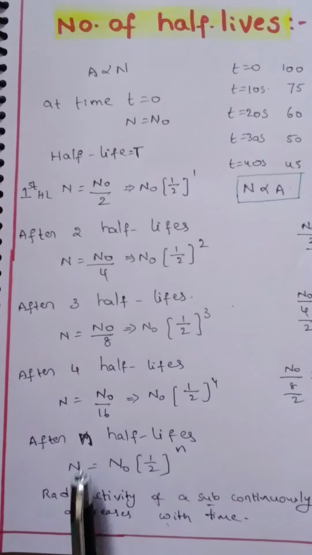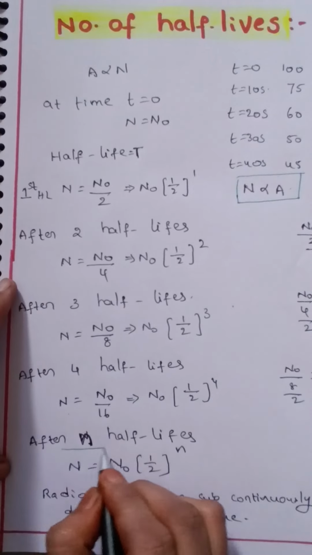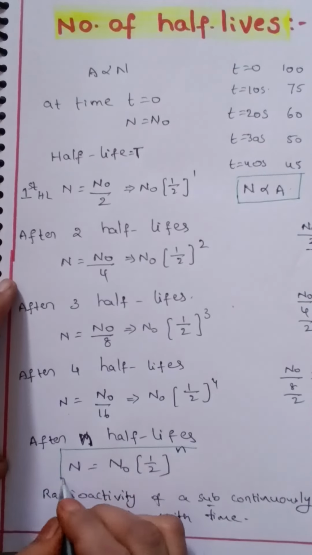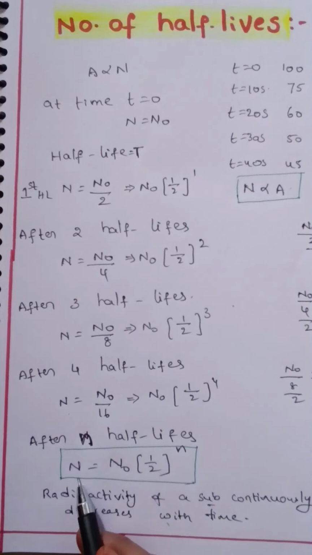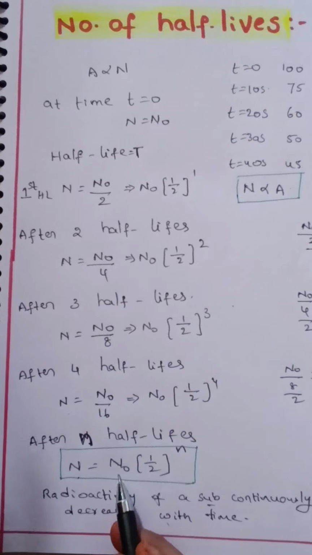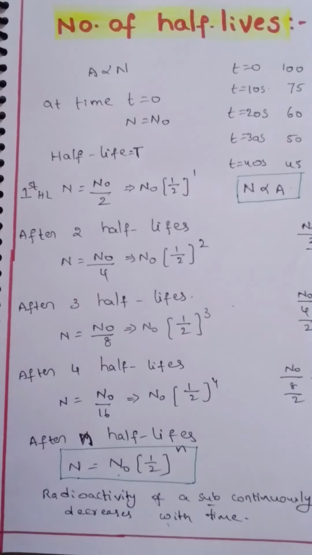After n half-lives, the number of atoms in the radioactive substance is N is equal to N naught into 1 by 2 whole power n. Here N is the number of atoms present at that particular time. N naught is the number of atoms present at the initial time, where t is equal to 0. No disintegration takes place here.